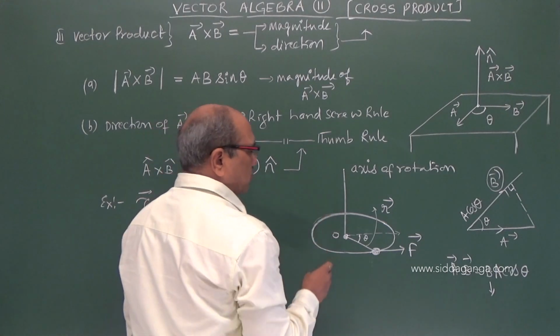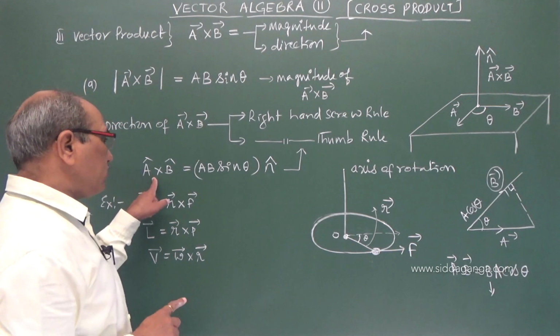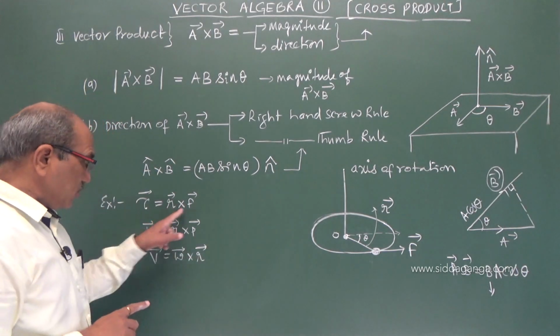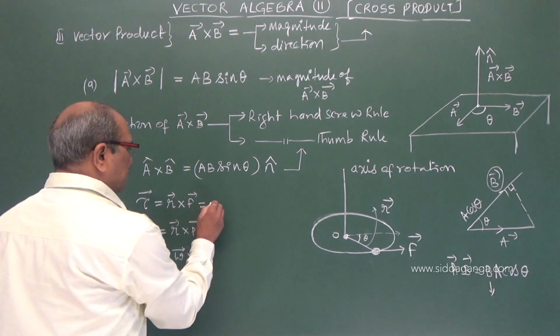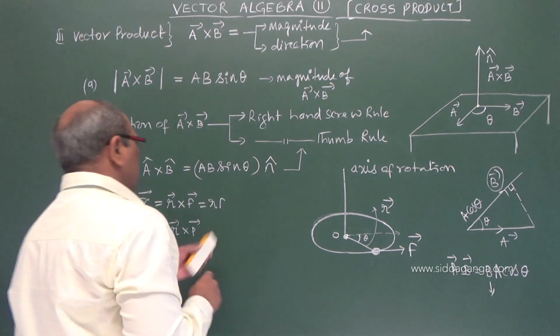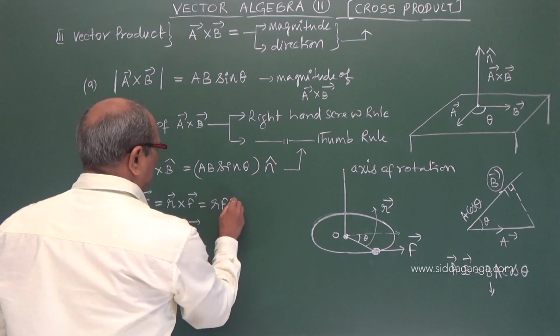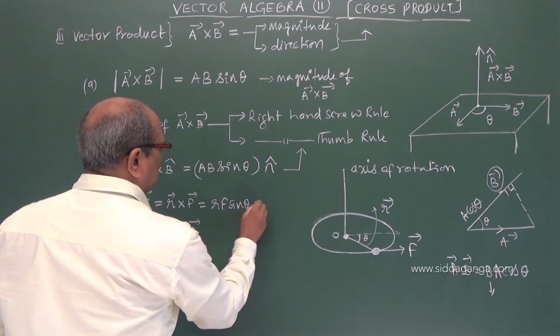Now what the cross product says here is, the cross product of two vectors R cross F, I can write as RF sin theta into n.